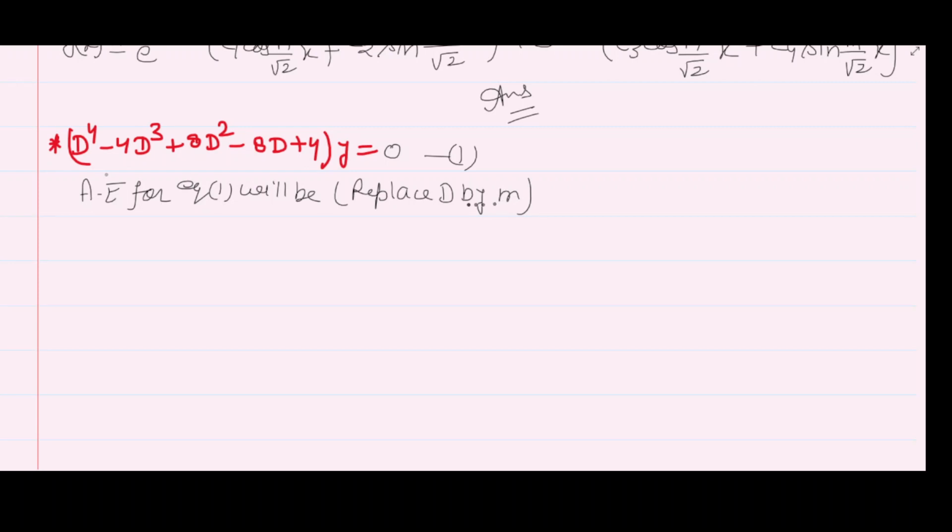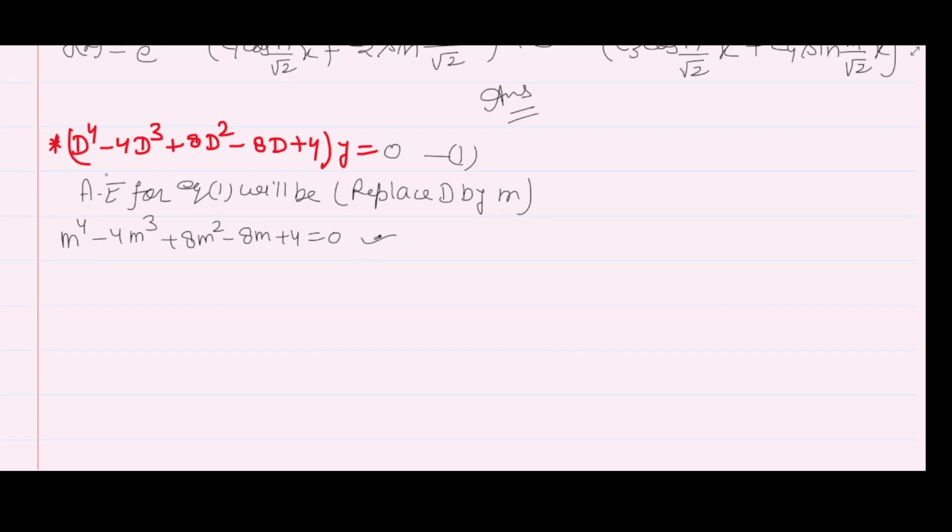I want to make sure that each and every question that I am writing here, I am doing in a proper manner that you should do in the exams. So the auxiliary equation will be m^4 minus 4m^3 plus 8m^2 minus 8m plus 4 equal to 0. So this is our auxiliary equation.